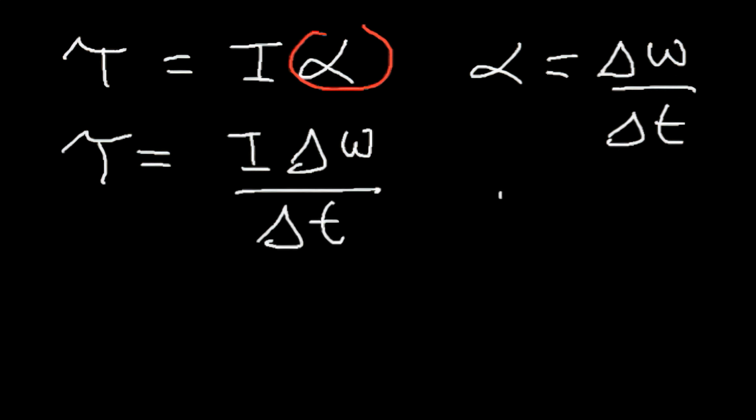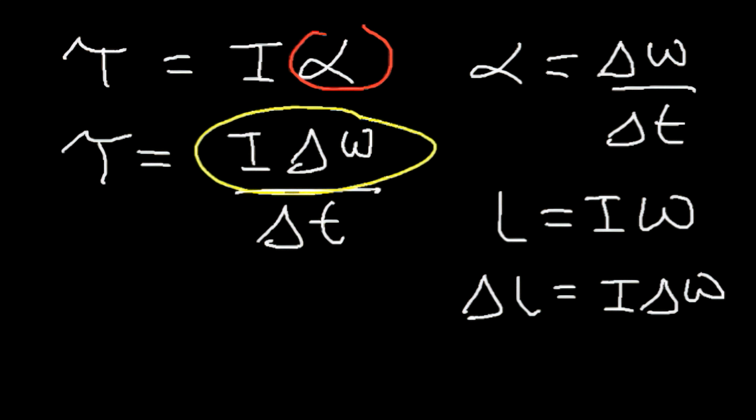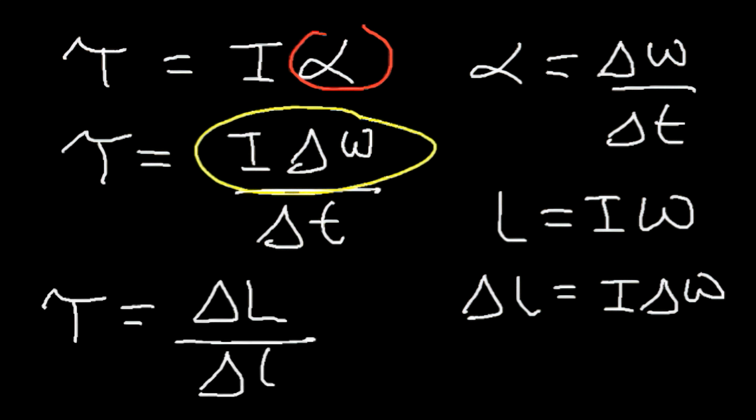Now, it turns out that angular momentum is equal to inertia times angular velocity. So the change in angular momentum is equal to the inertia times the change in angular velocity. So we can replace this with delta L. So thus we could say that the torque is the rate of change of the angular momentum with respect to time.